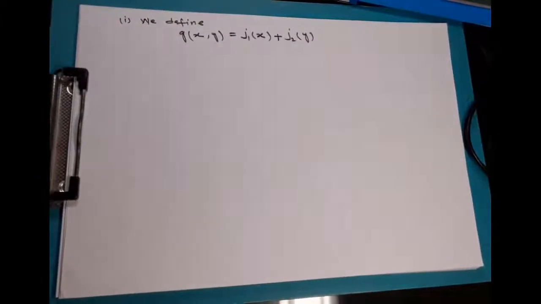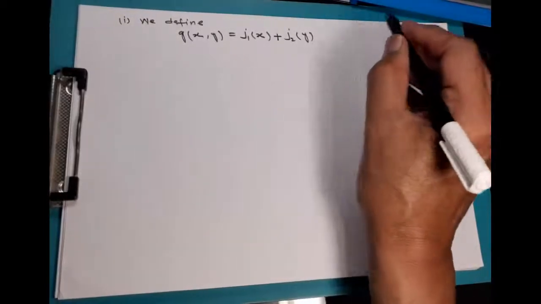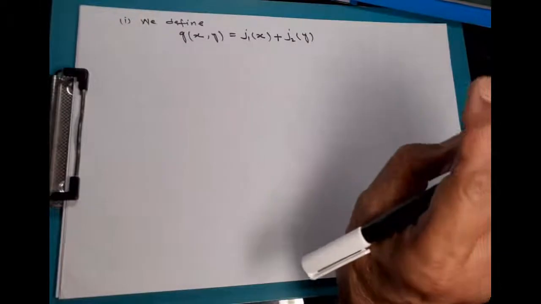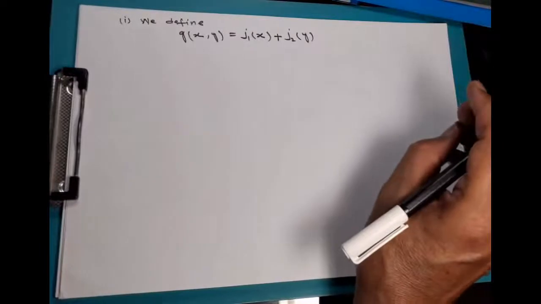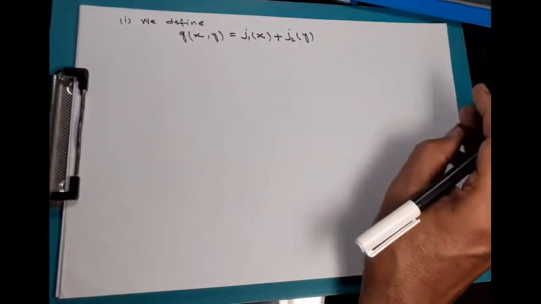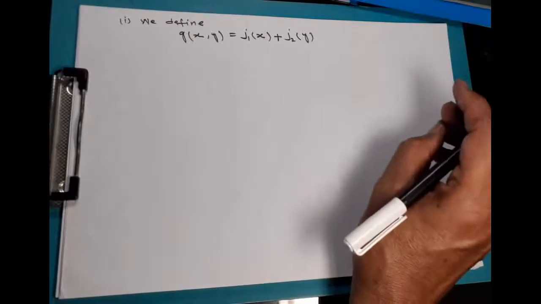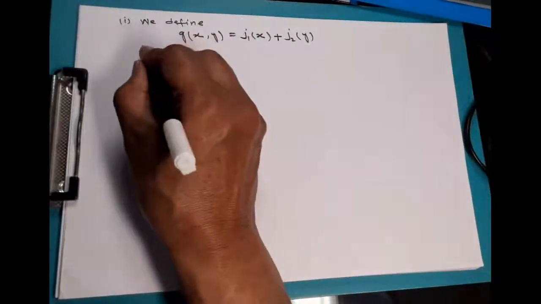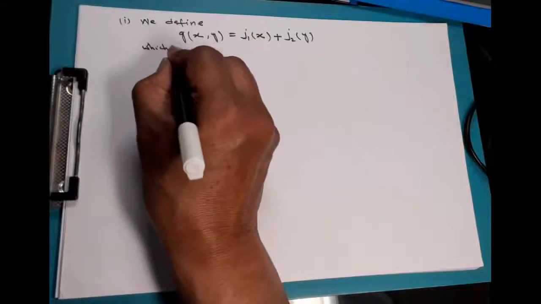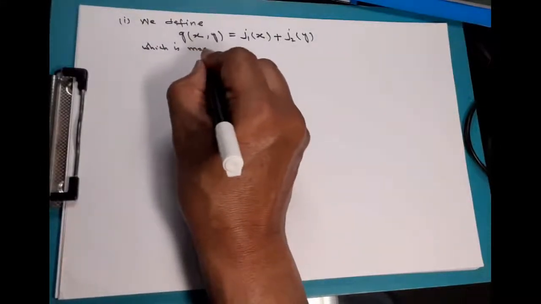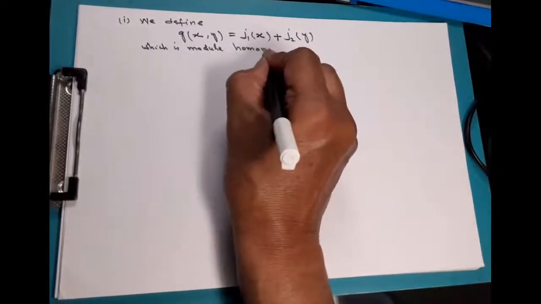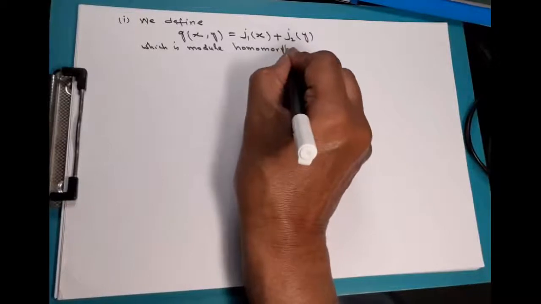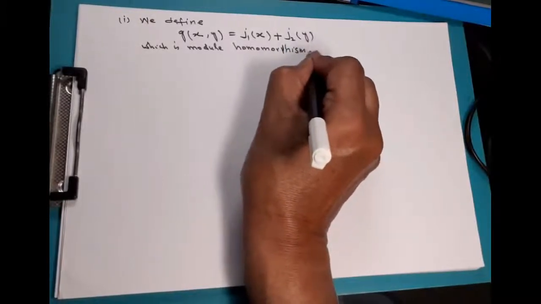So this is the way we define this map G, and it can be very easily proved that this is a module homomorphism. When we study category theory, we don't go into these minute details. So this is the way we define G.